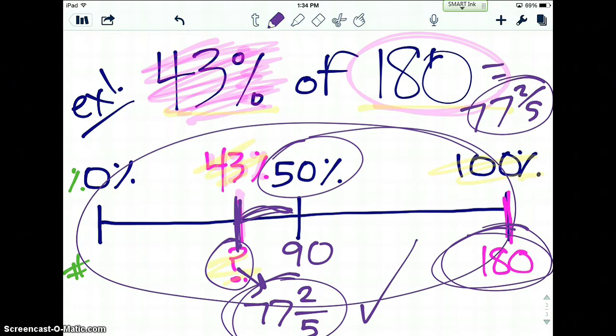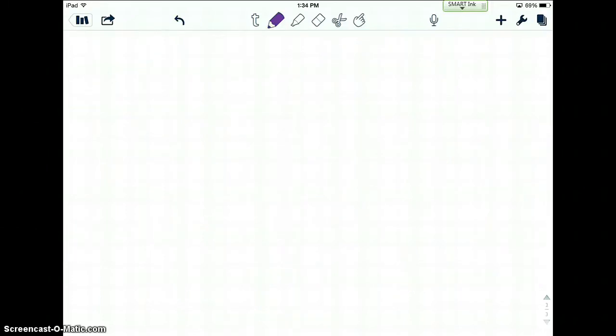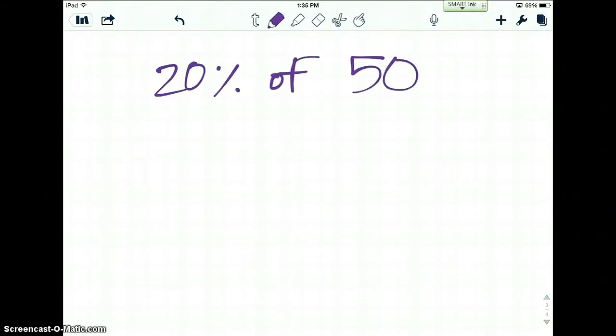Okay? So I just went through one percentage problem here, and I'm going to go through one more quick one. This is going to be like 20% of, let's go 50. So I started with a really tough one, and now I'm going kind of simple on you.